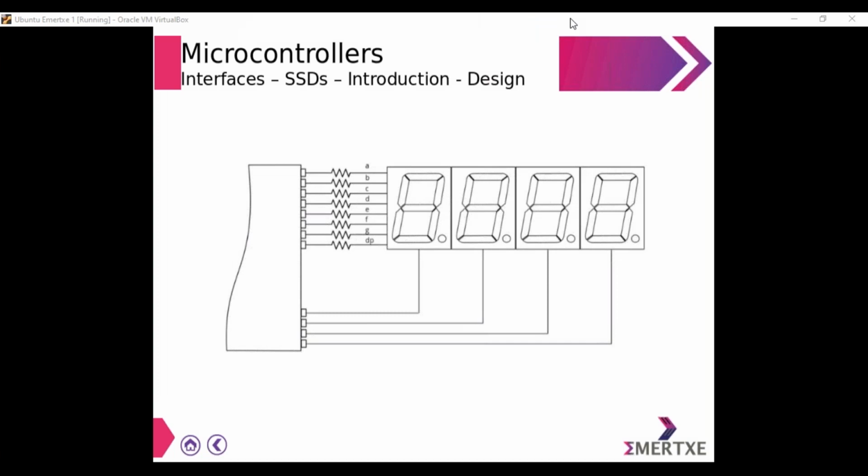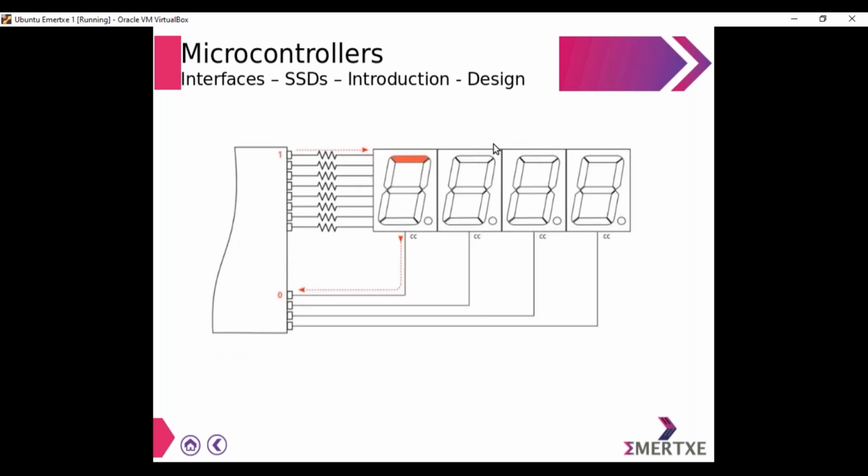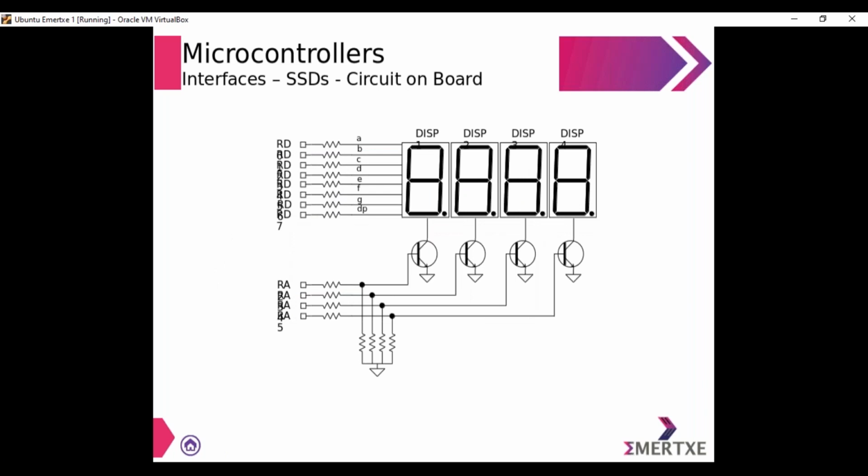A good example for that is the MOSFET, so you can make use of a MOSFET. Like this, if I provide 1 and provide a 0 here, segment A of the first SSD is going to turn on and current is flowing to the ground. What I'm going to make use of here is a MOSFET or transistor.